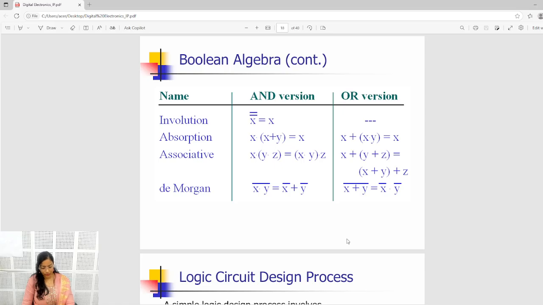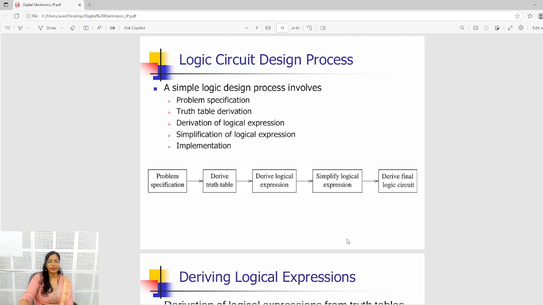Coming to one of the important laws, De Morgan's law: (x dot y) whole bar will be equal to x bar plus y bar, and in the OR version, (x plus y) whole bar will be equal to x bar dot y bar.